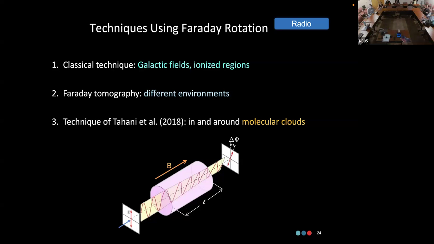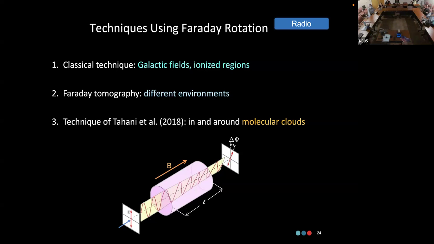This has been widely used to tell us information about the magnetic field of our own galaxy specifically. Then we have Faraday tomography, which decomposes polarized intensity into components of rotation measure along the line of sight. In that case, we call them Faraday depth. This method can give us the magnetic field associated with different environments.